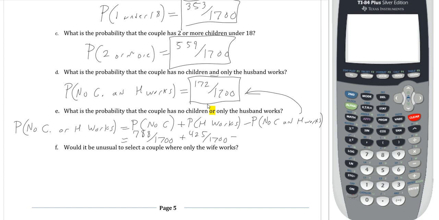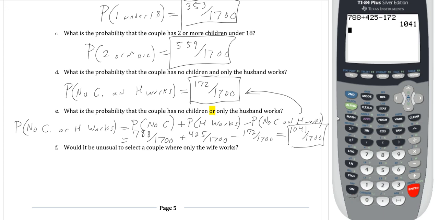Well, we just did that: 172 out of 1,700. Therefore, we should be able to add and subtract appropriately and find our overall value. I'm just going to add and subtract the tops, so 788 plus 425 minus 172. And we get 1041 out of 1,700. So that's everything that we need there.